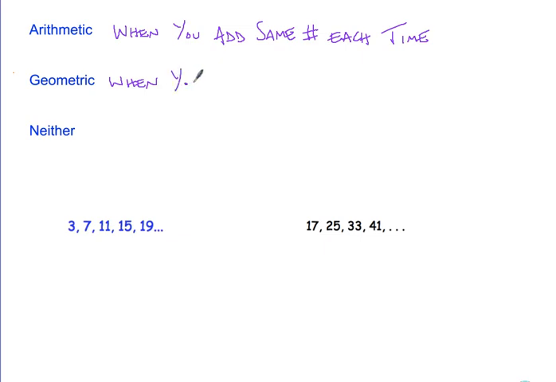Okay, so just a little recap. Arithmetic is when you add the same thing each time. Geometric is when you multiply by the same thing each time.